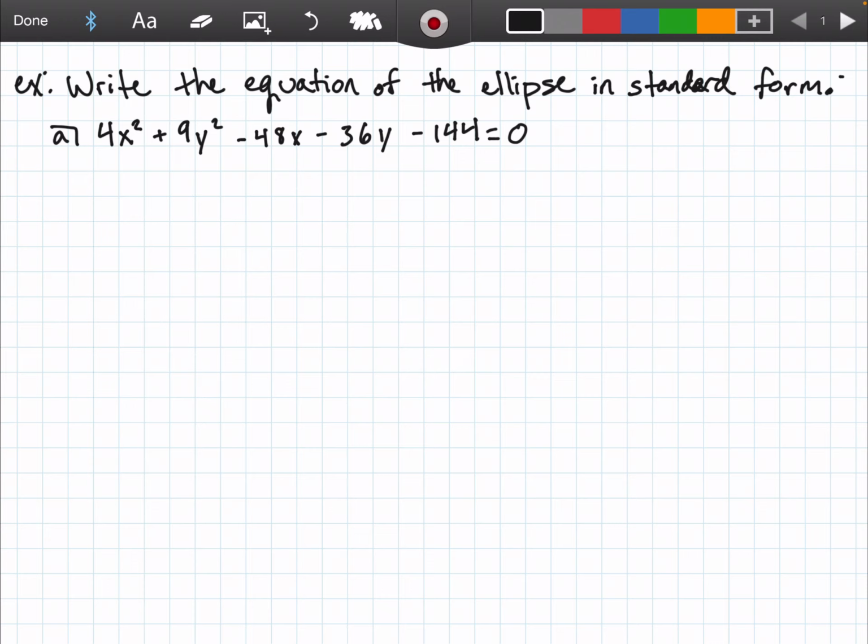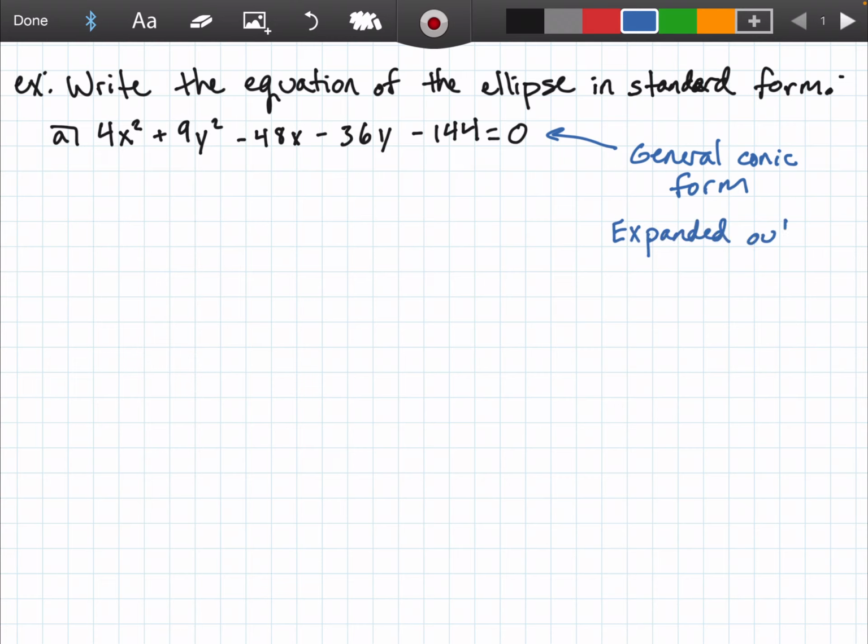Like this. So it's expanded out, it's equal to 0.